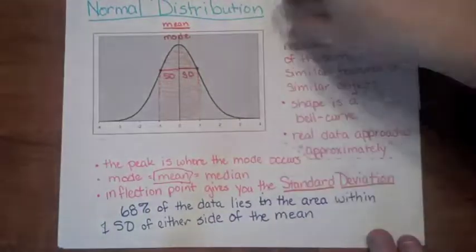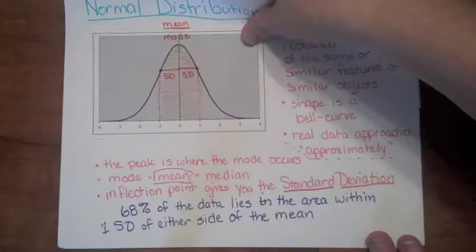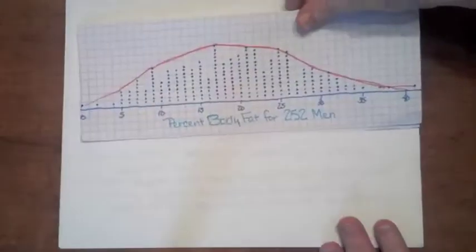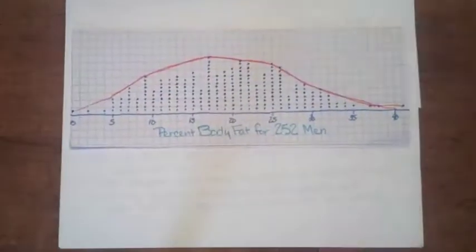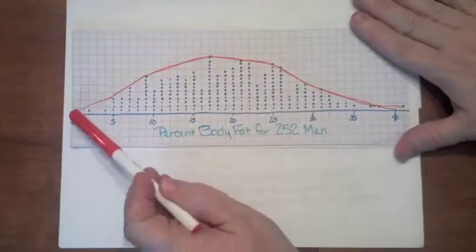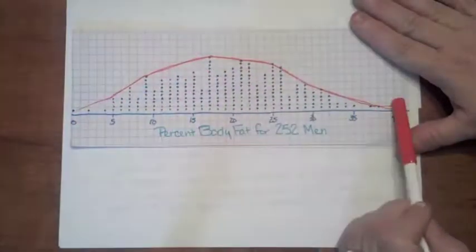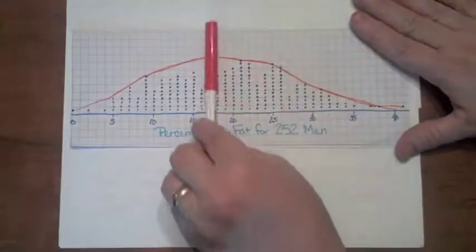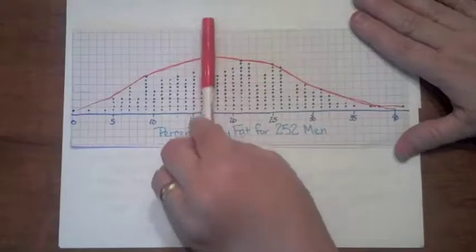Okay, but before we go on to the next, I want you to take a look back at my original data from the body fat percent. Notice, this is a good example of where you get an approximately normal distribution. This also is relatively symmetrical, and my mode is actually here.